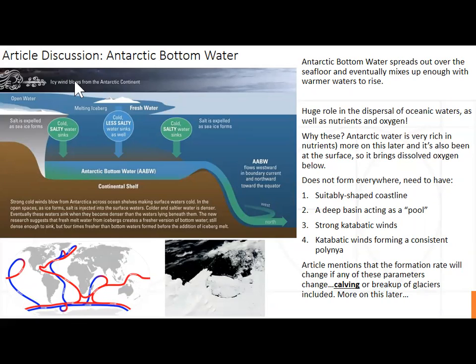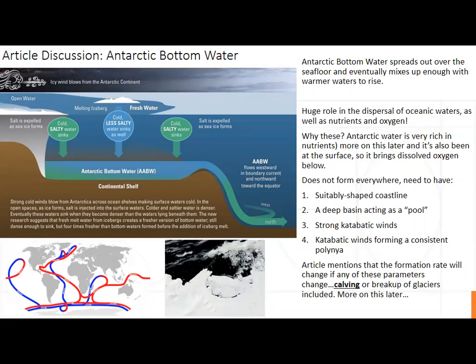And if the rate of Antarctic bottom water formation changes, that could actually have pretty strong consequences for thermohaline circulation elsewhere in the world, because you'll simply have less of this cold, nutrient-rich water being delivered to the Pacific Ocean and the Indian Ocean. And that's going to affect conditions in those oceans.